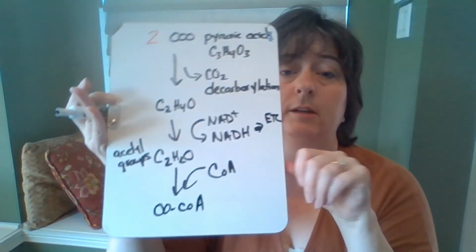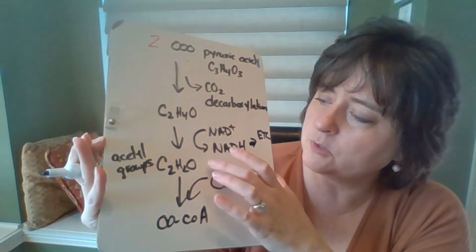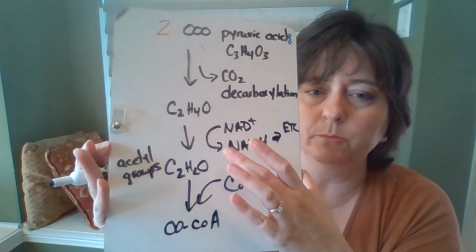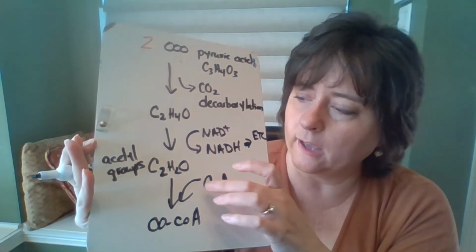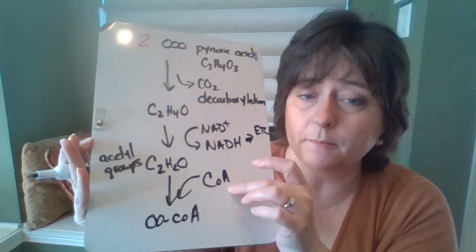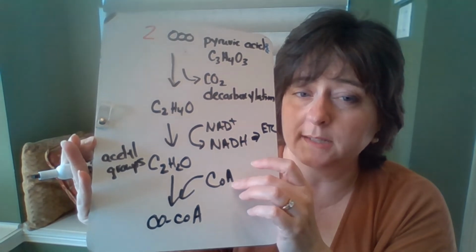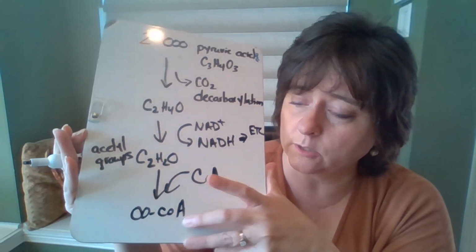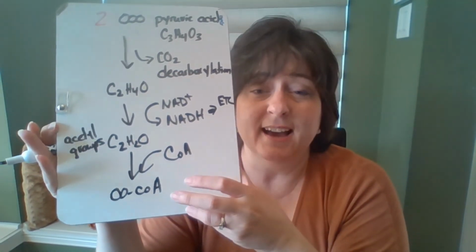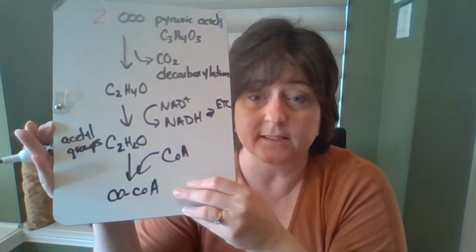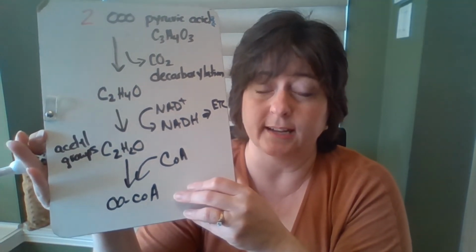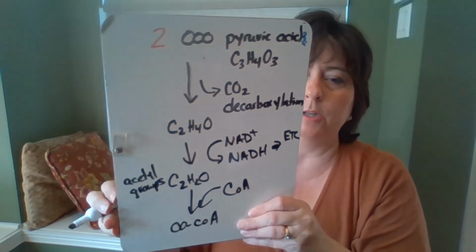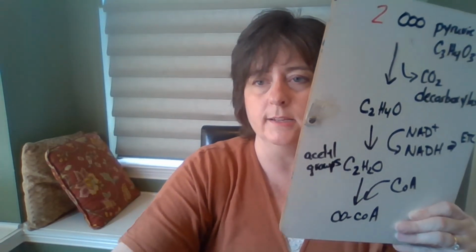Sorry, there's a lot of writing without you guys. So my acetyl groups were made after we removed the hydrogens, and now coenzyme A is a molecule that comes in, joins with these acetyl groups to form acetyl-CoA. Acetyl-CoA is what's going into the Krebs cycle, which is the next stage.